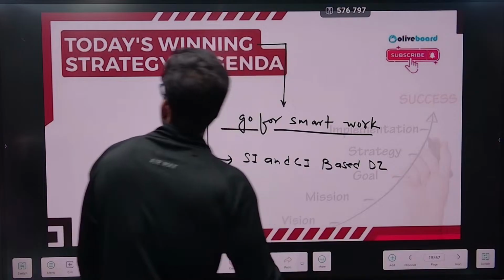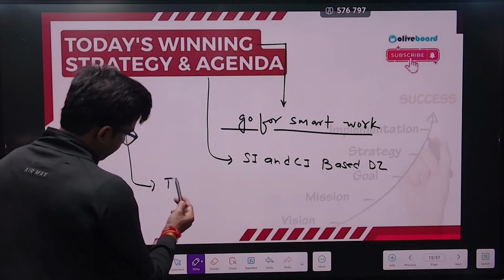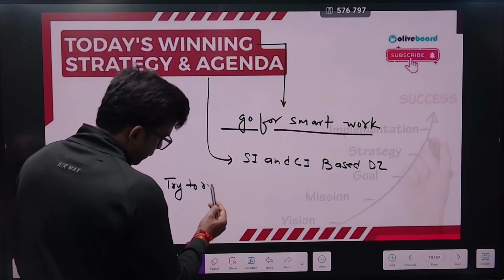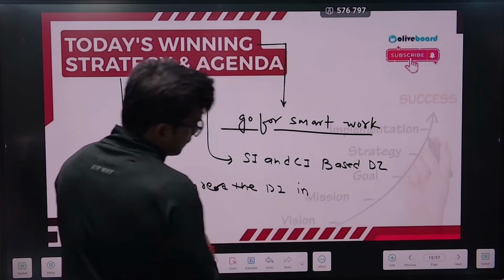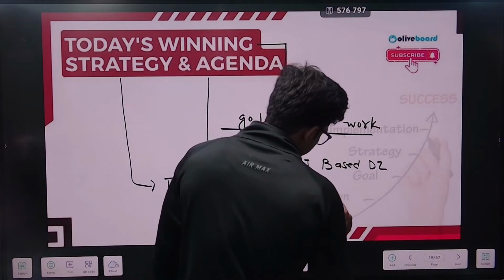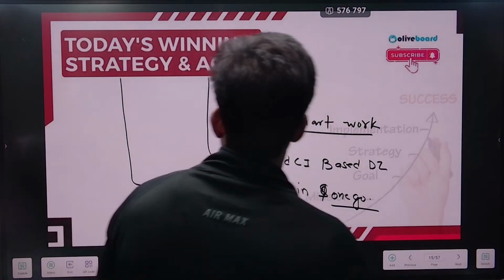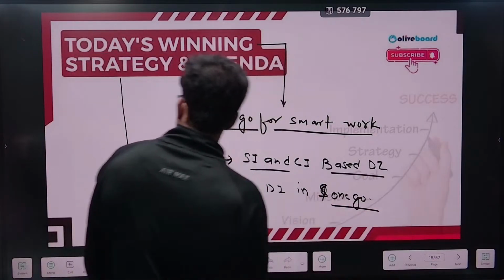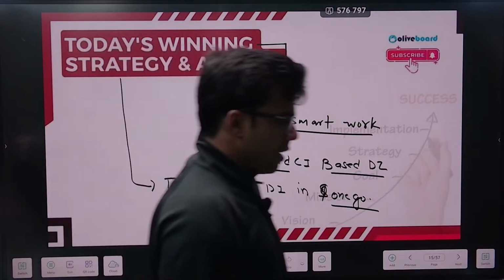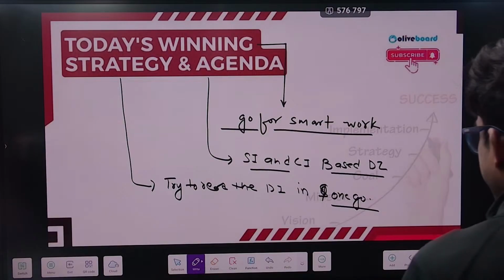The strategy is to try to read the DI in one shot, in a single go. Clear? So today's winning strategy is go for smart work, the agenda is SI CI based DI, and my strategy is that you should read the DI in one go, meaning you should not come back again and again reading the DI.